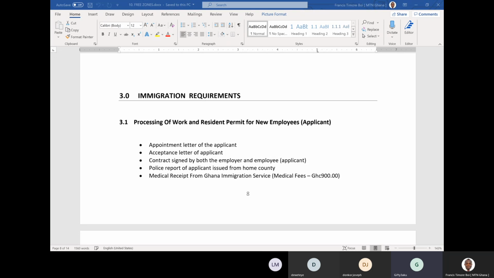Just read it and let's see. Sorry, August 2018.